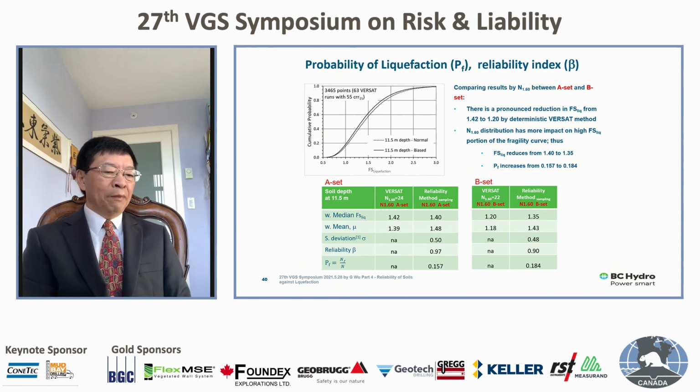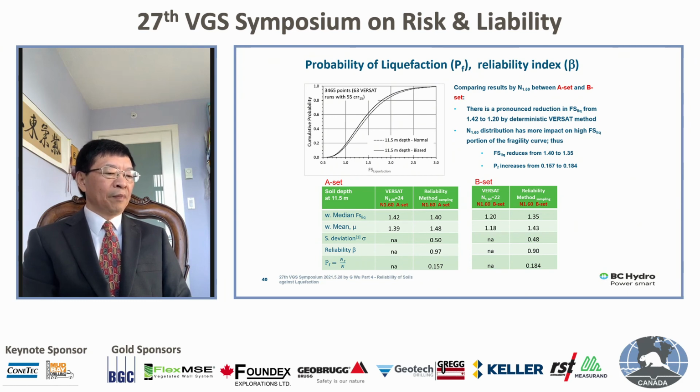But what if you apply this probability analysis method, using this biased N160 distribution, and compare that with the normal distribution result? That is the comparison shown in the figure. The normal distribution is the dashed line, the lower one, and the solid one is the biased one.